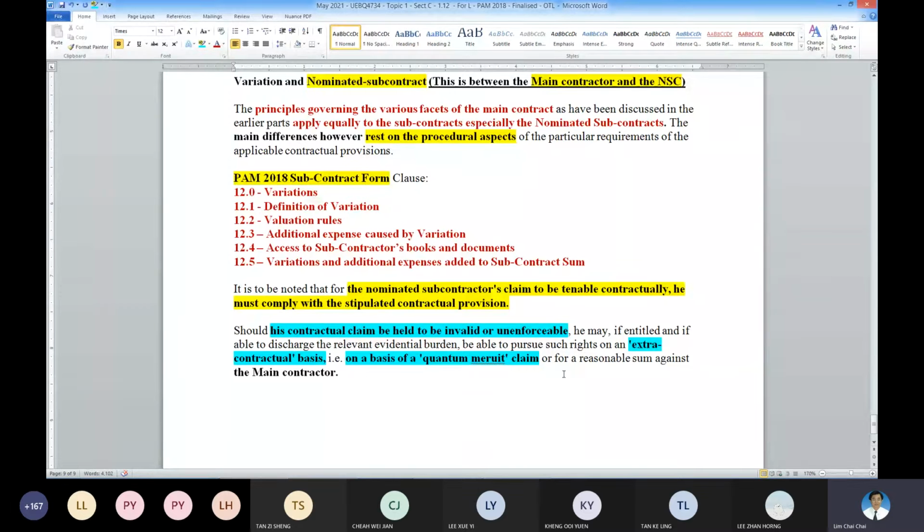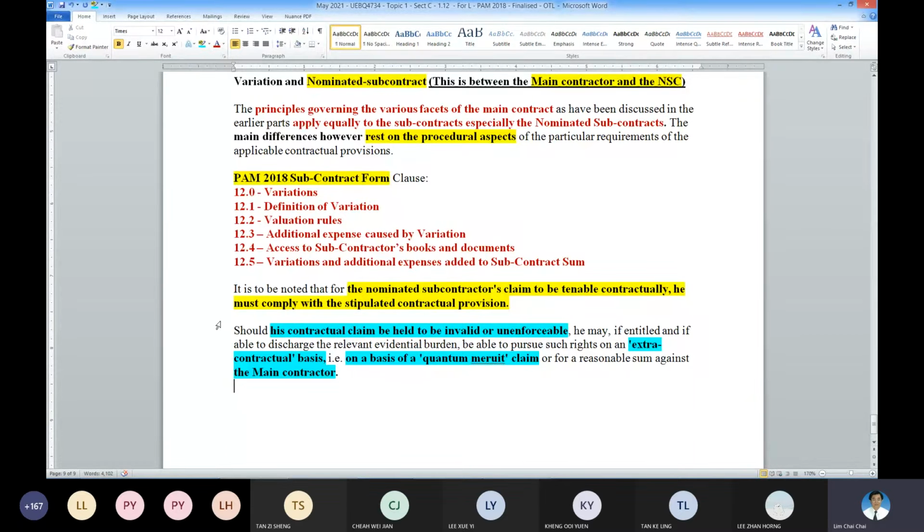against the main contractor. So this one is a private contract between the NSCs and the main contractor, if the event is not claimable to the employer or sometimes invalid due to the procedure. Here is a lot of procedure to be complied with. Then there's a possibility the extra contractual basis can come in. Similarly, for the main contractor and the employer, this principle is still applicable.